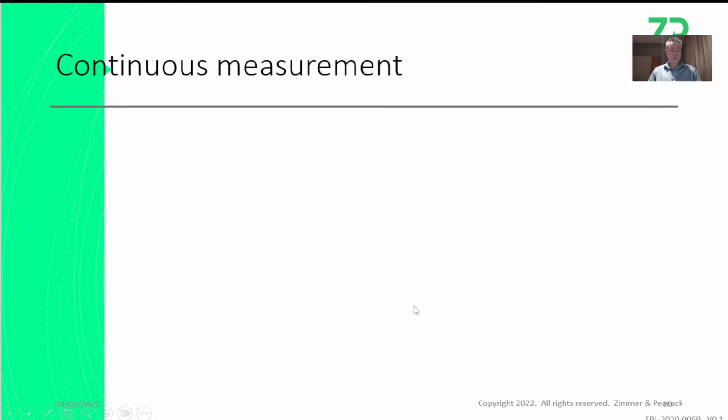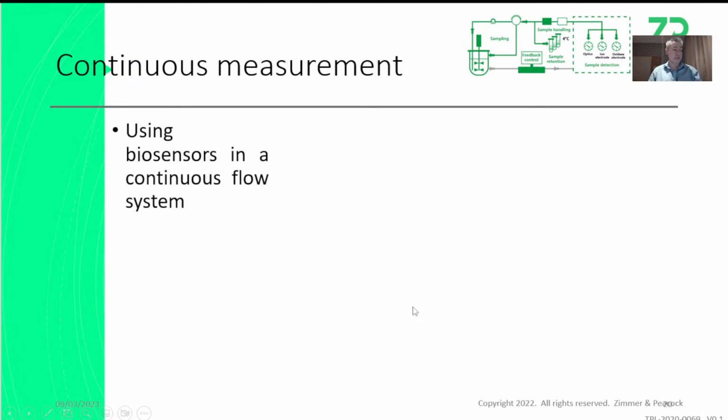Now, in terms of continuous measurement, this is really the same as the pH question earlier on. The data that we have is what we have on the website. But I have talked about doing things like continuous measurements.